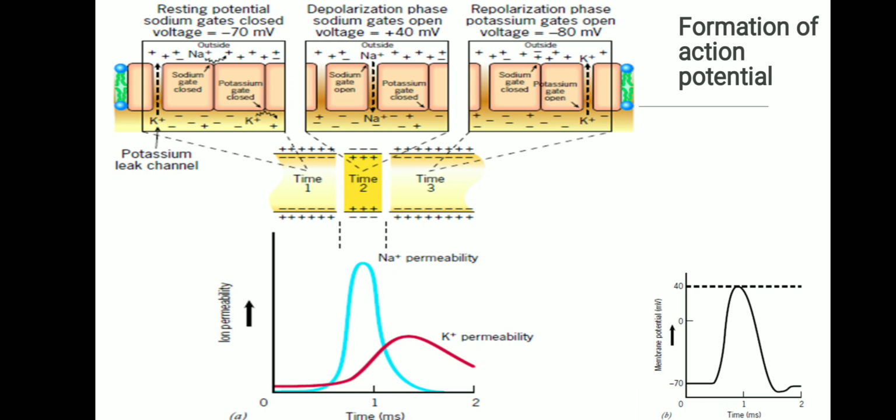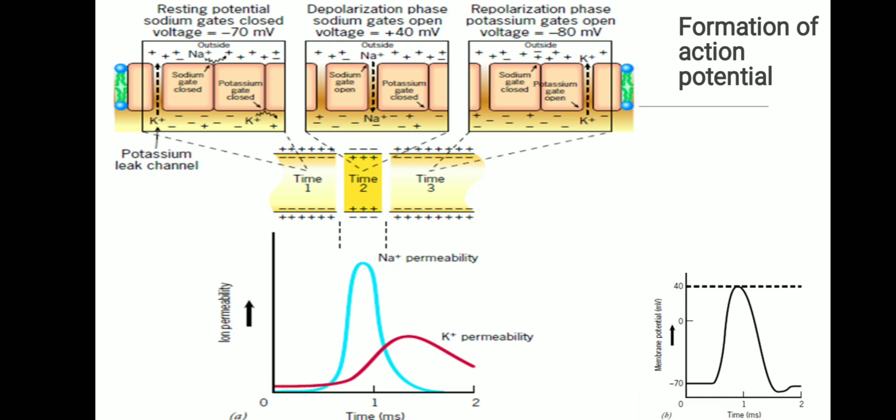If I give a stimulus, again, the sodium channels will open up. They will allow sodium to come into the cell. This reduces the membrane potential, making it less negative. This positive charge causes a decrease in the polarity between the two sides of the membrane, which is depolarization.